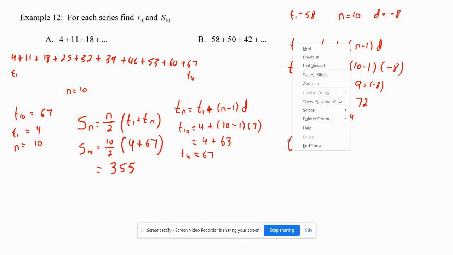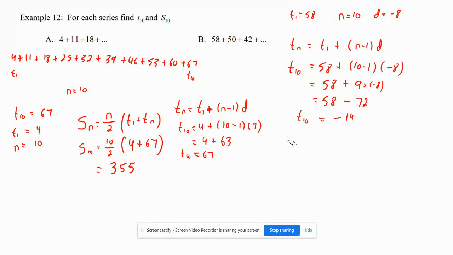Now we need to figure out what Sn is. Sn is n over 2 times T1 plus Tn. We know that n equals 10. That means T10 equals negative 14. We calculated that in this step over here, and we know that T1 equals 58.